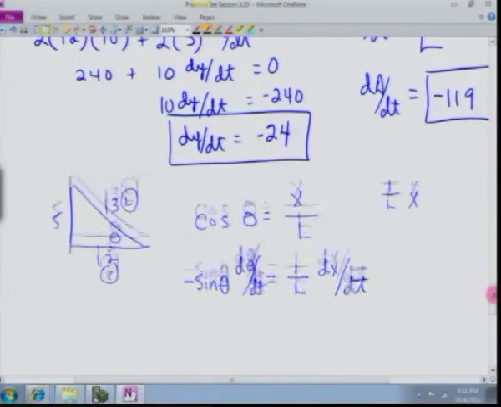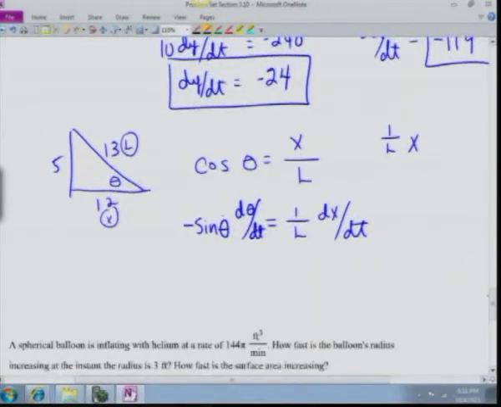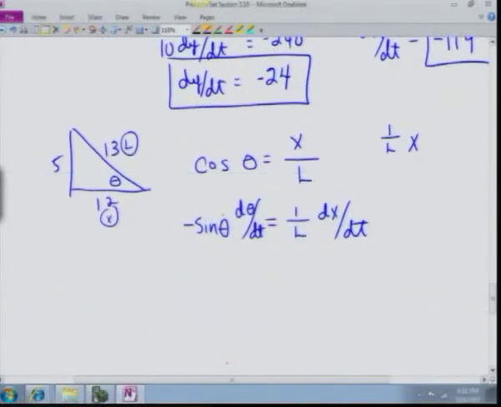All right. So, do we know the value of the ladder? And do we know dx dt? Okay. What is the sine of this theta? 5 over 13. So I've got negative 5/13. I'm plugging in. d theta dt equals 1 over 13 times dx dt, which was 10.